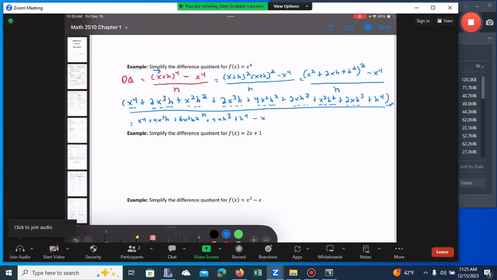And then minus that x to the fourth, all over h. And what you should notice here, x to the fourth cancels with that x to the fourth. That allows every one of these terms that has an h in it to cancel out that h.